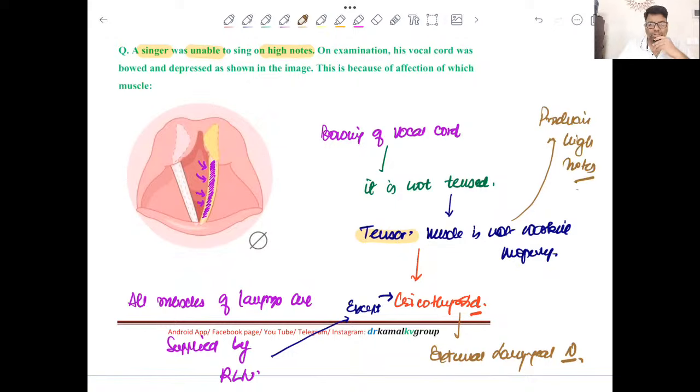So if someone is not able to produce high notes, it means the tensor muscle, that is the cricothyroid, is not working properly, right?